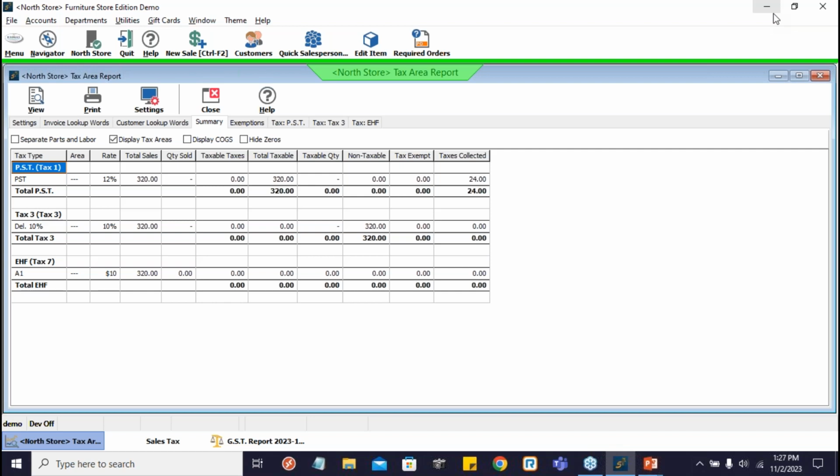So normally you cannot expect that particular report to match the other two, but these two reports, the GST and the tax area report, should match. If they don't, there must be something that needs support to look at in order to identify what's causing the mismatch. Before, there was a bug about that particular report.